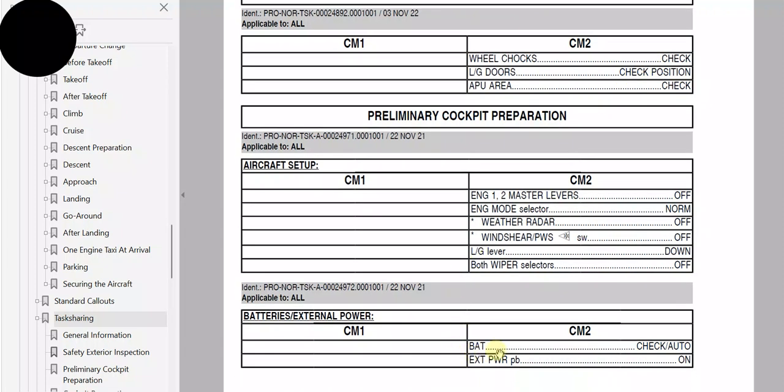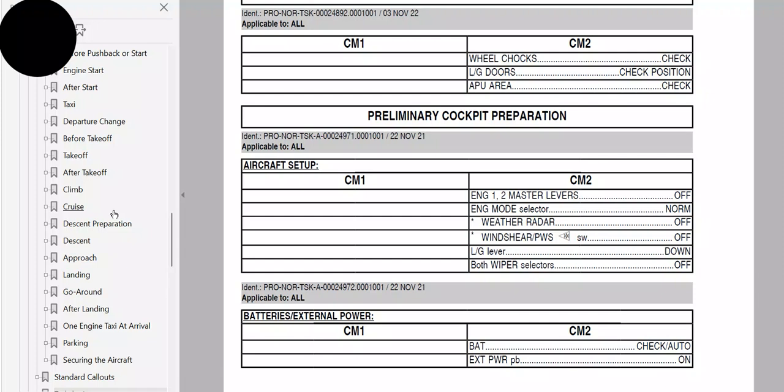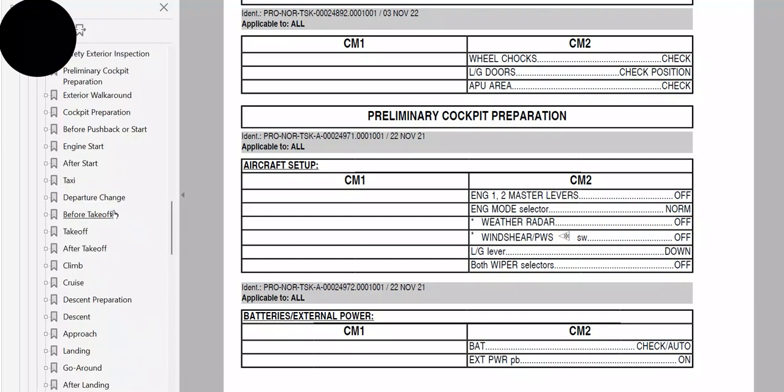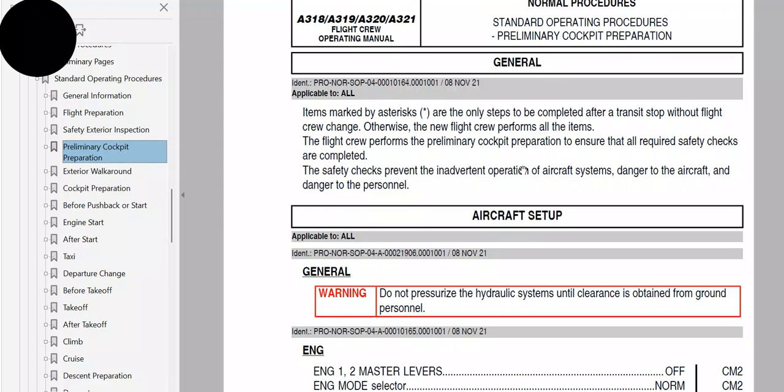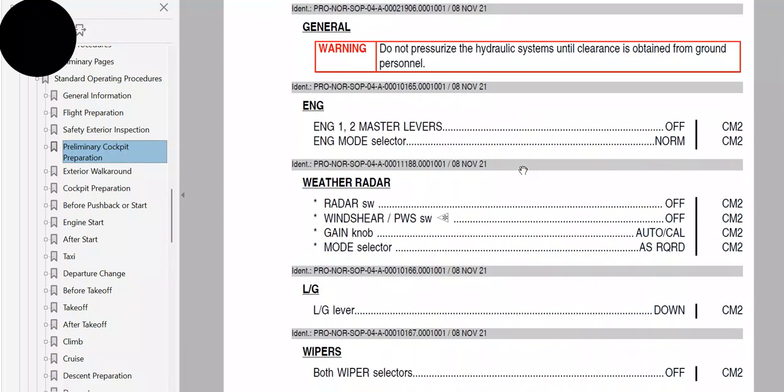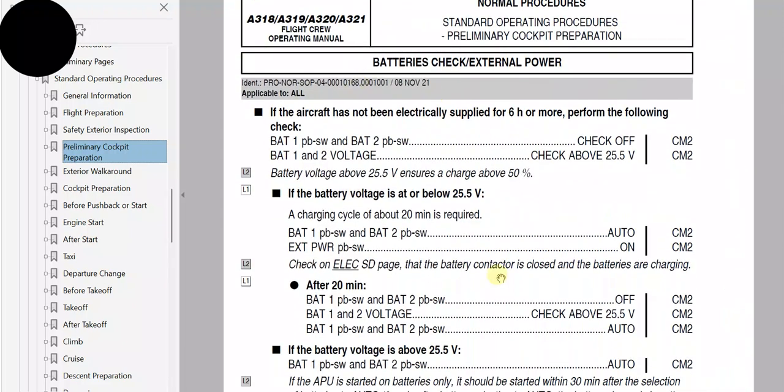As you can see here, CM2 needs to check the batteries, check an autos, but how to do it and what to check, I say again, we go back here in standard operating procedures in the FCOM, and then we go to the preliminary cockpit preparation, and we find the batteries here, and this is the explanation in detail of what needs to be checked and how.